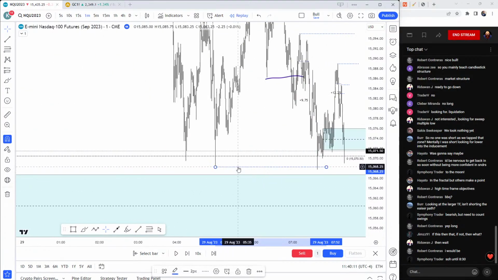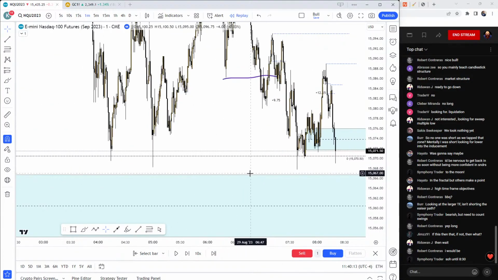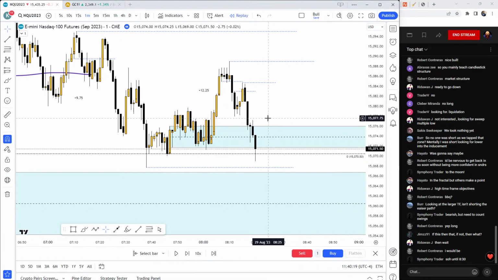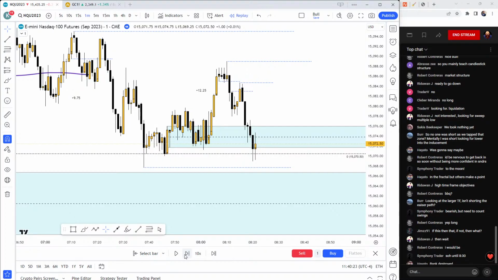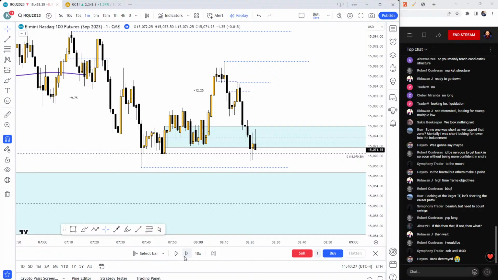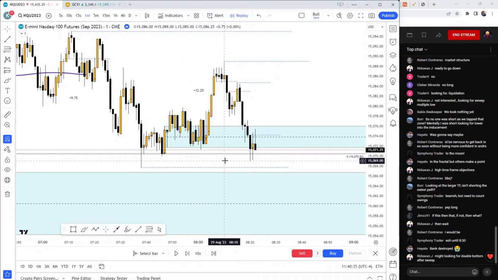What we got here? So that low is taken. Cool. We've got this area here. Failure to make a valid low.